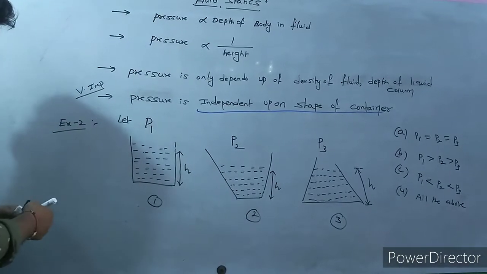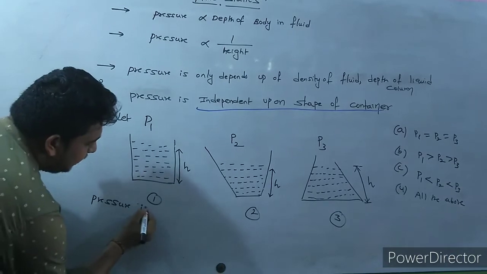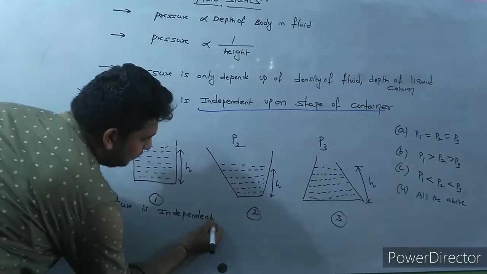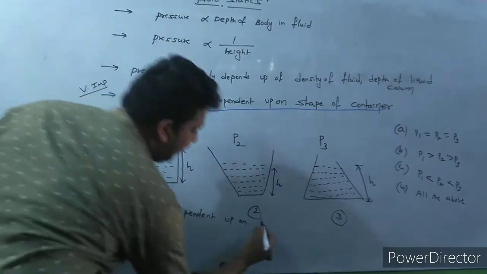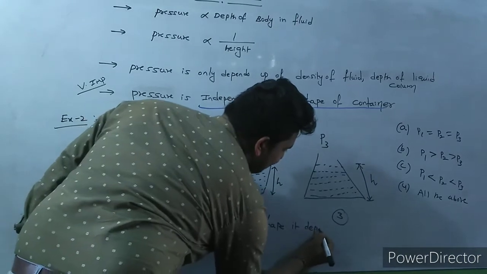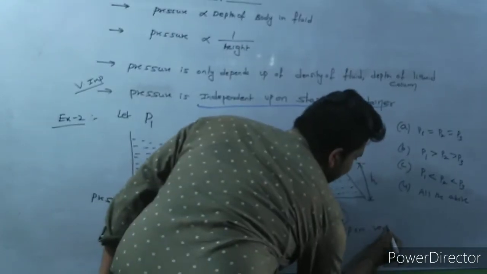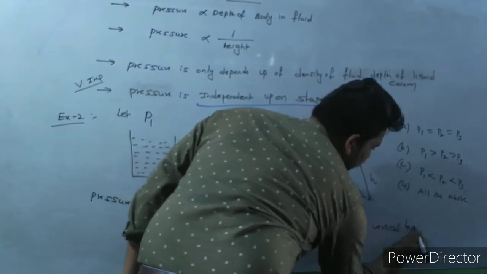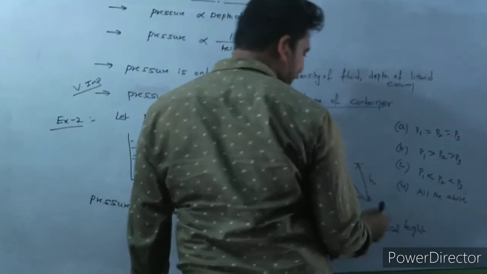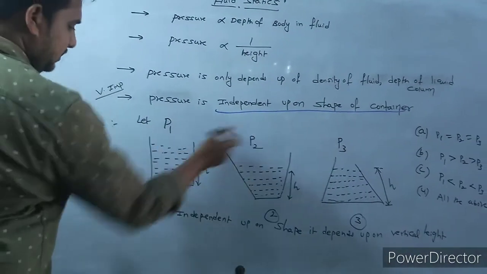So pressure is independent of shape. It depends upon vertical height, which is nothing but the depth of the liquid.